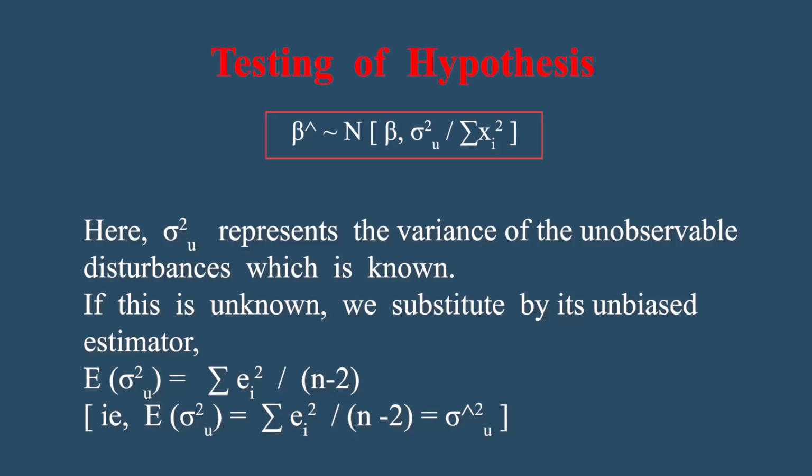This n minus 2 is the number of observations, which is n, minus the two parameters which are to be estimated. So given this expression, sigma square u is unknown, and it is estimated from the sample as summation of ei square divided by n minus 2.